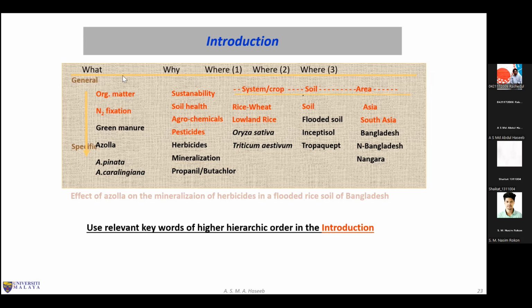So these words will be useful for you to write your introduction. So I find this scheme quite useful, particularly for the beginner, to design their title, their abstract, and the introduction by this very simple analysis.